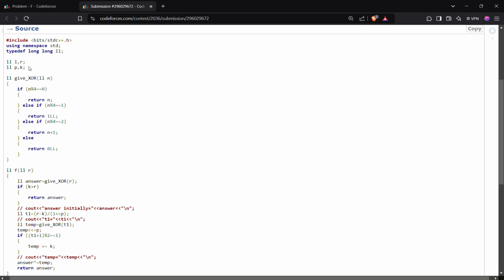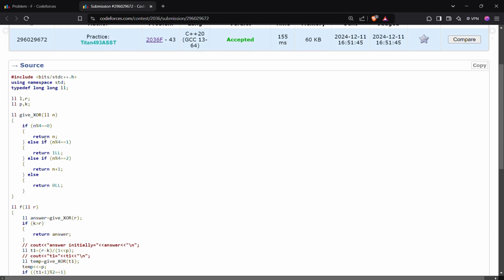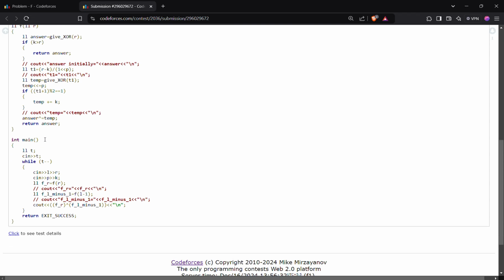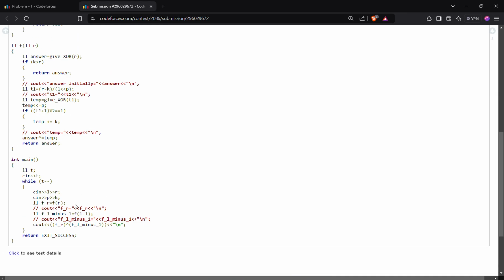I am keeping those as global variables, so there is no need to pass them into the function. I'm taking the input, and f of r is just f. I'm giving the function the name f, then f of l minus 1, and finally outputting the XOR of the two, f of r and f of l minus 1.